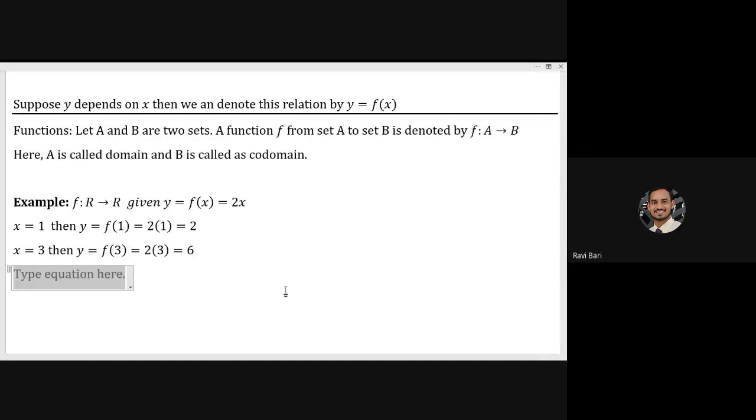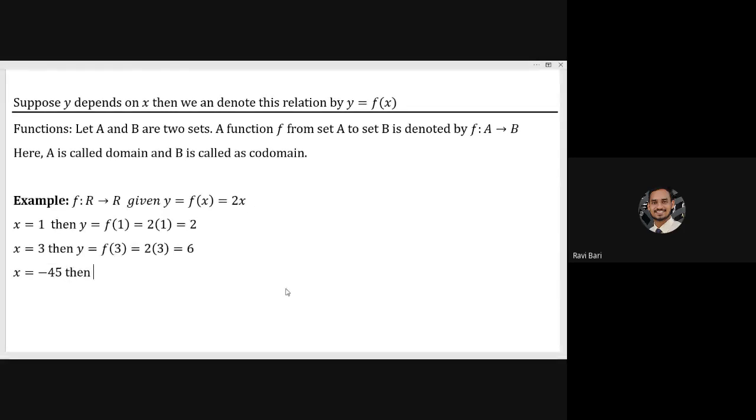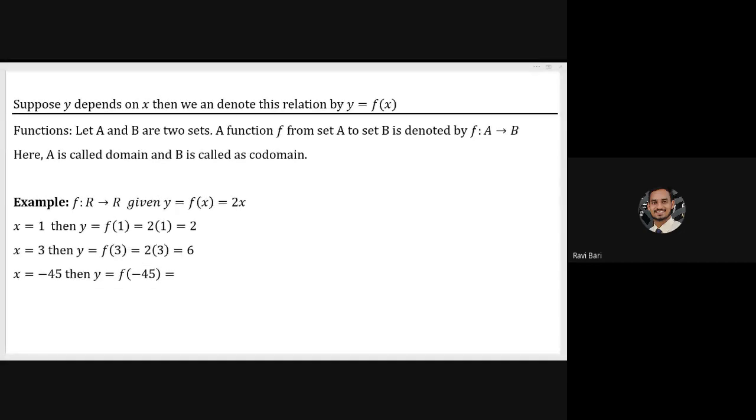Let's take one more example. If you take x is equal to minus 45, then what is the value of y? Tell me quickly. Let's see how many of you can find the answer. Manas got minus 20, minus 90. Janvi got minus 90. Very good. So this answer is minus 90. Wonderful.